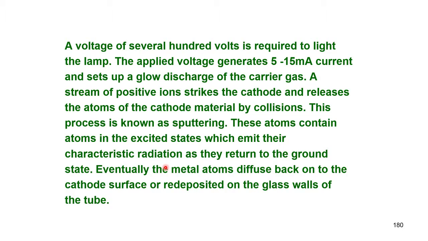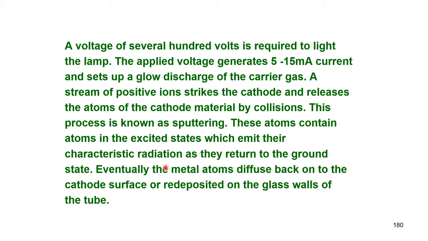So, what do we do? Suppose you make the hollow cathode lamp, we apply a voltage of several hundred volts to make this operate. How many volts are required day to day in your house?